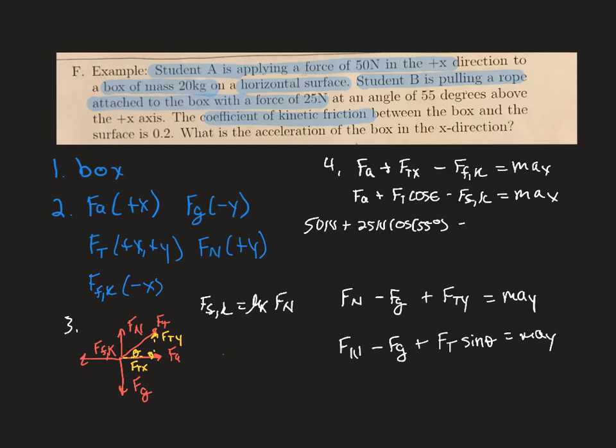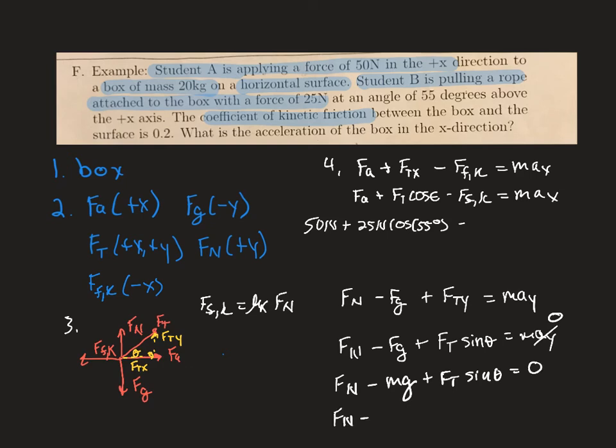So let's try our y direction equation, because that's where the force normal is. So force normal minus m times g, because that's what the force due to gravity equals, because we're given mass in the problem, not weight, plus force due to tension, sine of theta. And we can say the acceleration in y is 0, because we're not bouncing the object up and down.